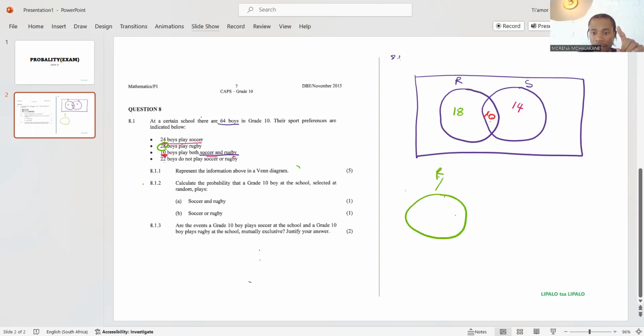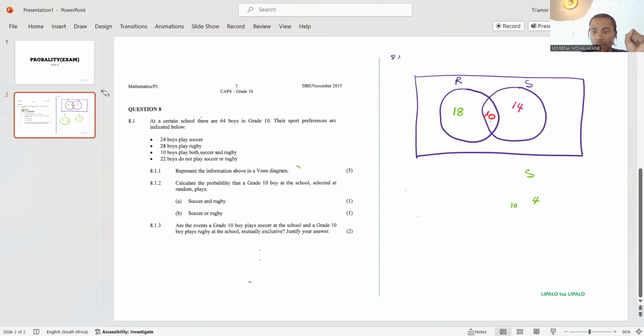If it's extracted, I have this 10, then I have the 18. In total, when I add these, they give me 28, right? And then with soccer, you have 10 already, and then you were short with 14. So it means in total, you have this 24. Okay, good.